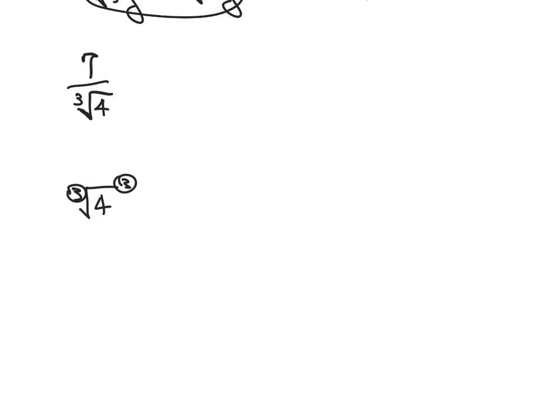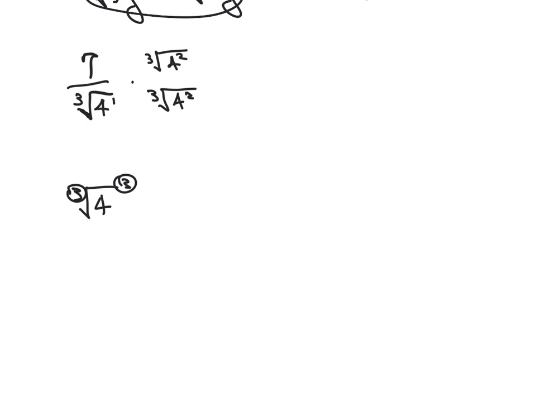So right now we have a 1 here. I need 2 more. So what I'm going to do is multiply the top and the bottom by those 2 more. And it has to be the cubed root of 4 squared.